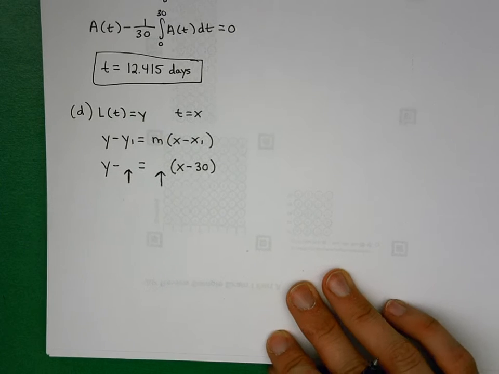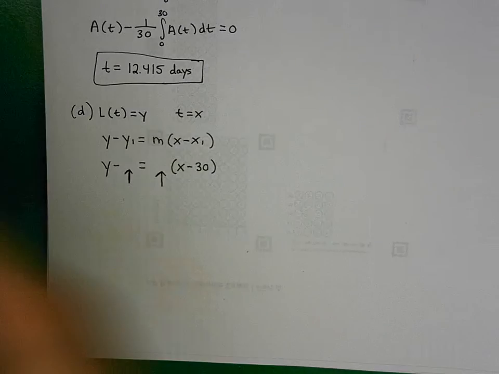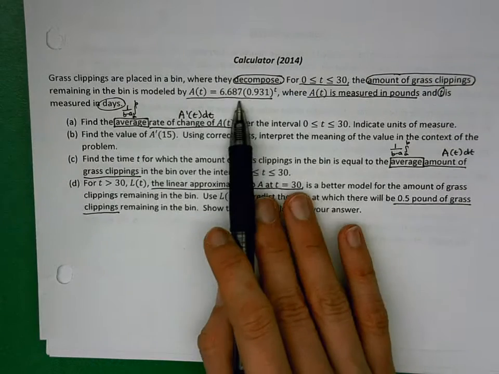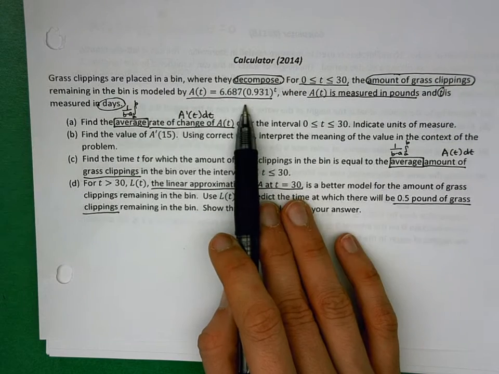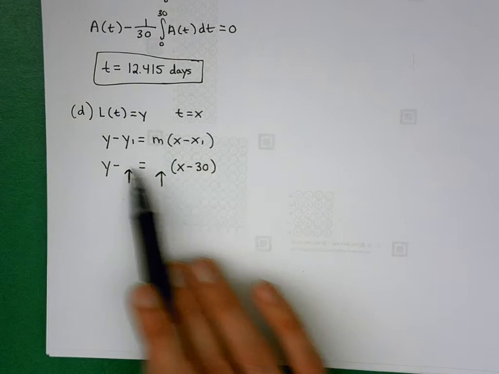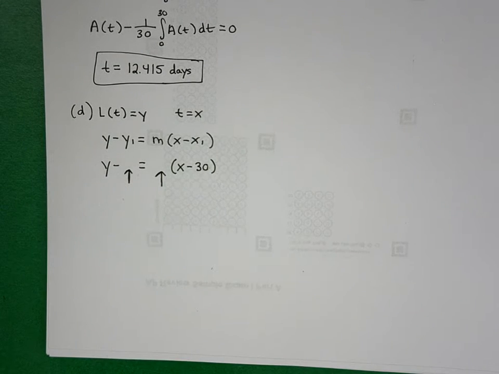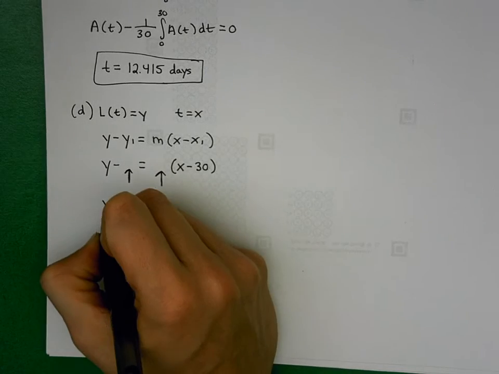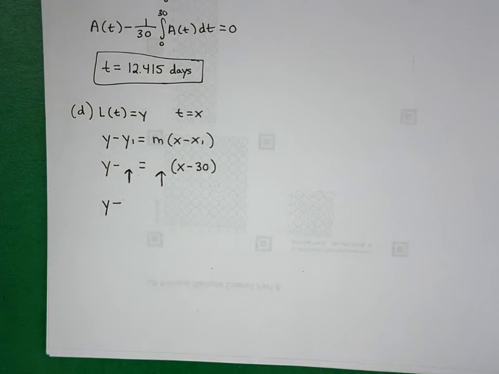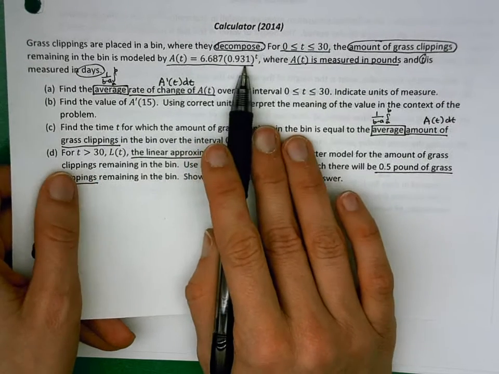Okay? Again, it's a calculator problem, so personally, I'd probably graph my A of t, and then I would trace to get my y1. Trace to t equals 30 and determine what is that y coordinate. The other option is in your home screen. You could just do 6.687 times 0.931 raised to the 30th.